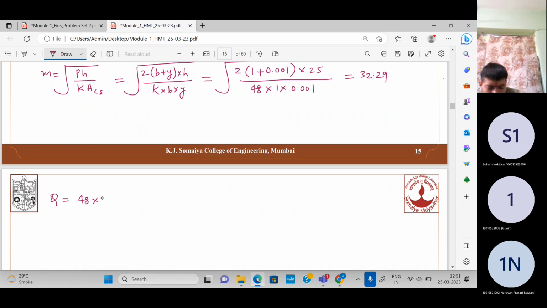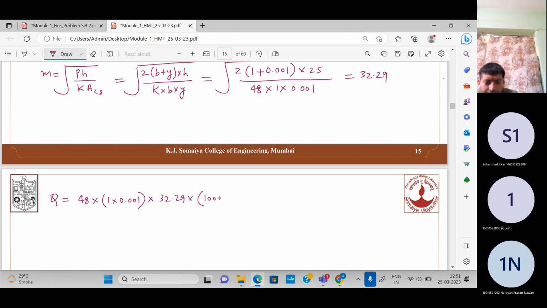Cross sectional area is 1 into 0.001, into m that we have calculated, 32.29.